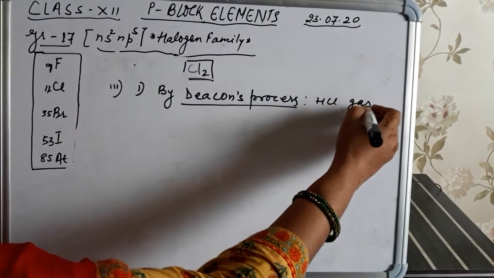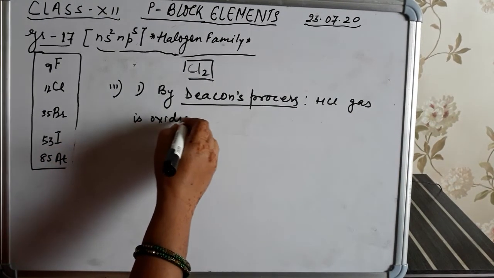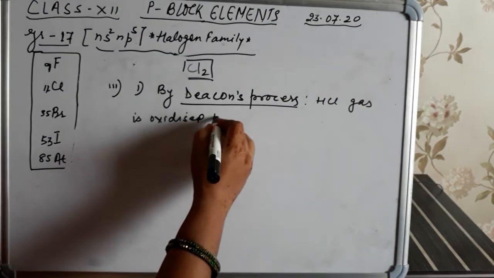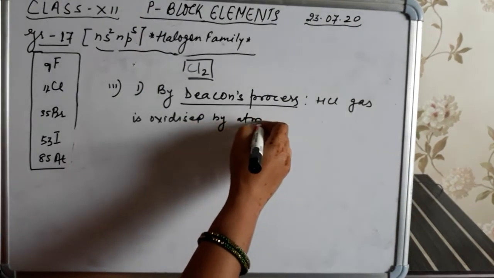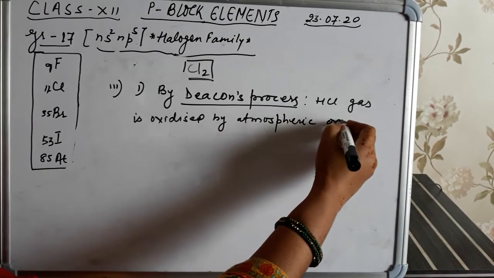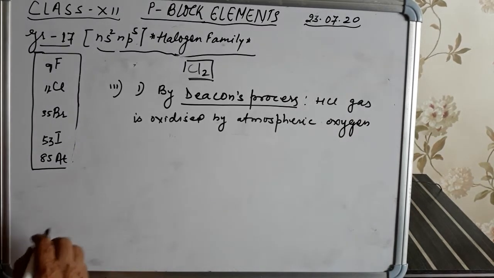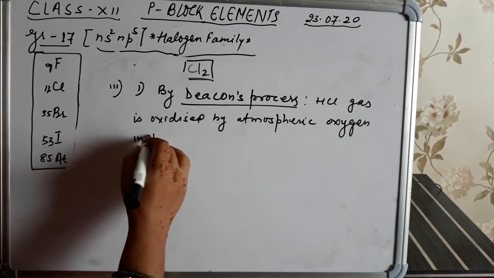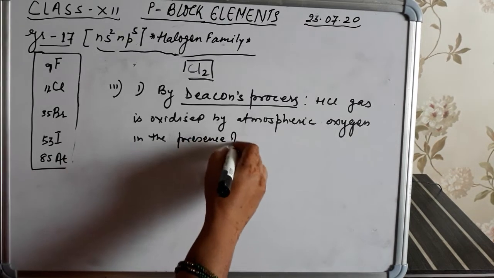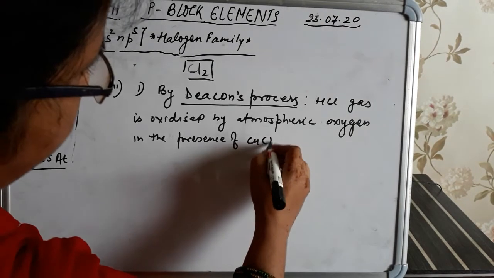HCl gas is oxidized by atmospheric oxygen in the presence of CuCl2 as a catalyst.